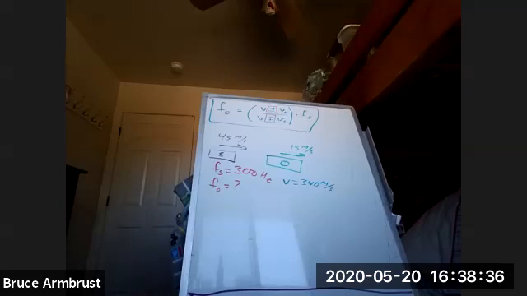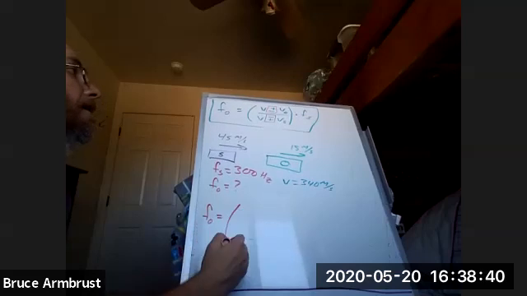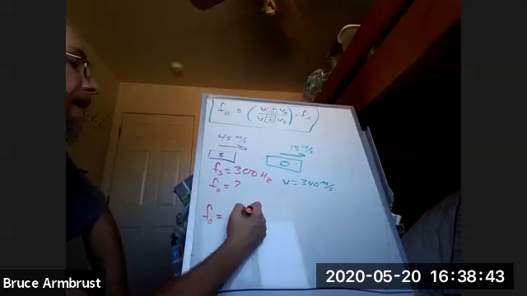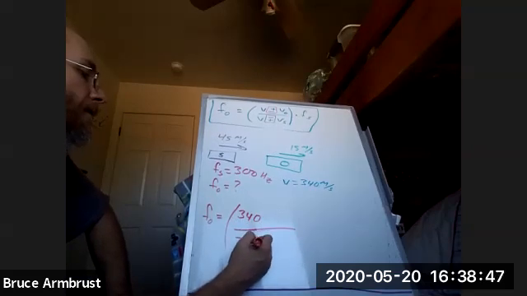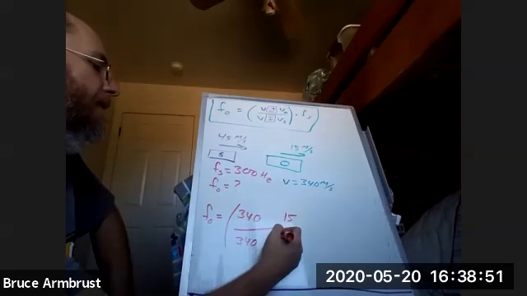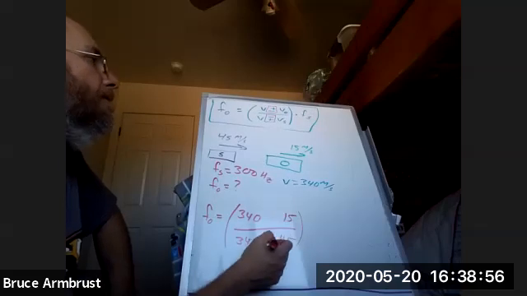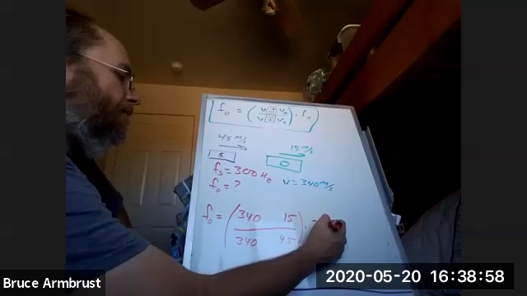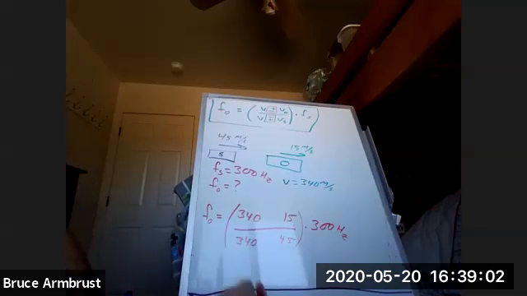Okay, so let's see if we can calculate this F sub O. So in terms of where everything is going to go, we're going to get 340 for our V. Our V sub O, that's us, we're moving at 15 meters per second. The V sub S is 45. And then we're going to multiply that by the actual frequency that's being produced. And you notice I didn't put pluses or minuses because we have to see if we can figure that out.